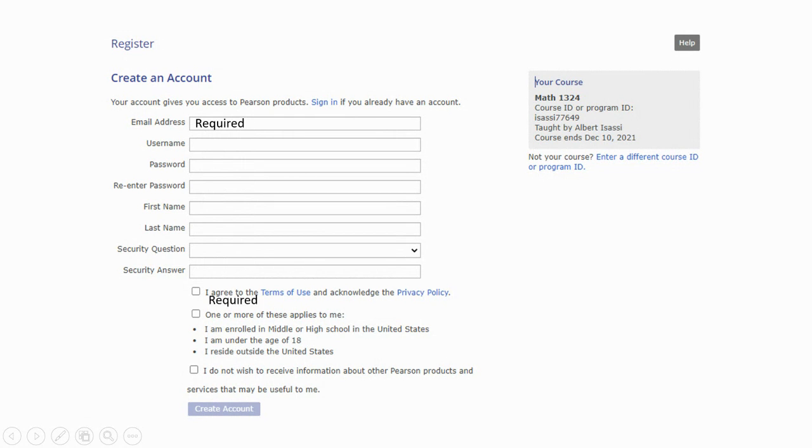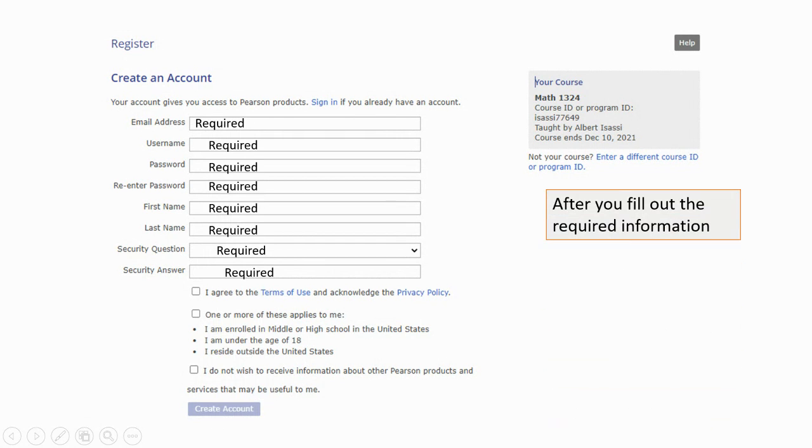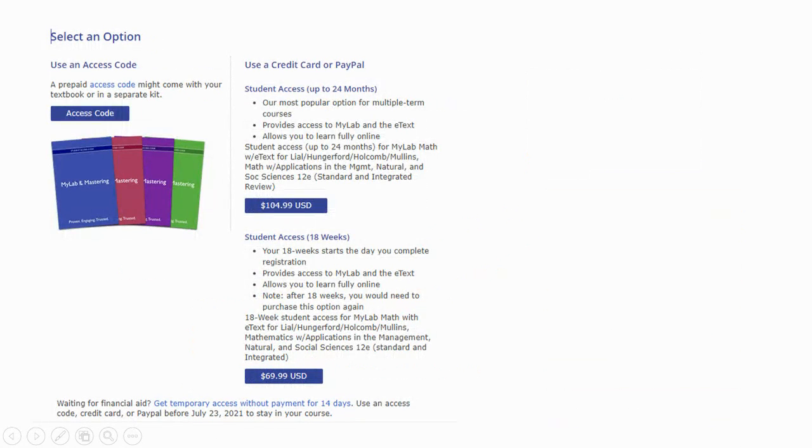You're going to come up with your username and a password, re-enter the password, then your first name and your last name. Then they're going to give you a security question, for security purposes, and then the answer. Once you do all that, you're going to hit agree, I agree to the terms. Then you're going to create the account. So you're going to hit create, and it'll take you to this page here.